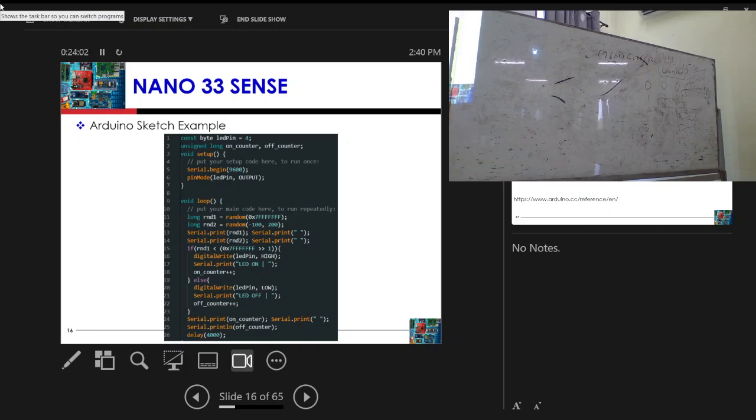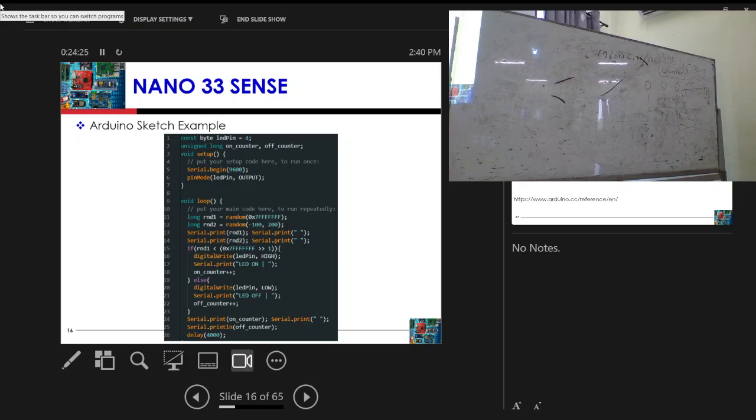Then what is the next line of code? What is the data type? Unsigned long. And those two variables are onCounter and offCounter.